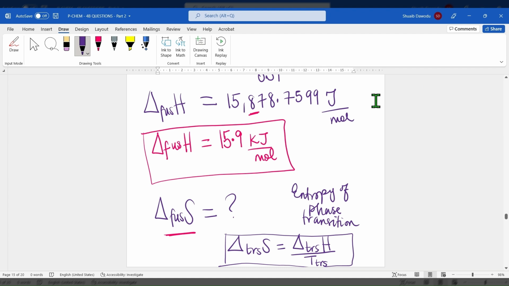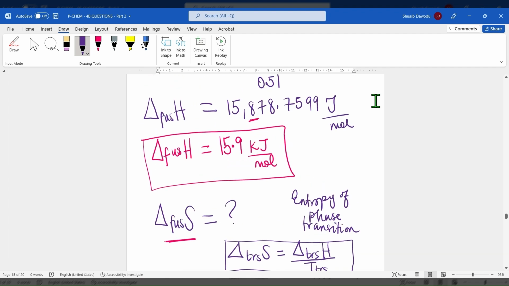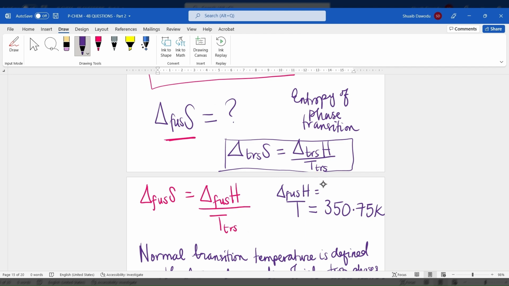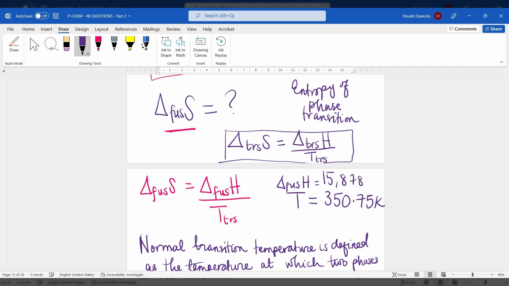When we're done with the further calculations, then we can now approximate. We do not approximate or estimate using raw values, especially if we're still using the same raw values in calculation. So we're going to put 15,878.76, which is going to be what we use. So that's going to be joule per mole.